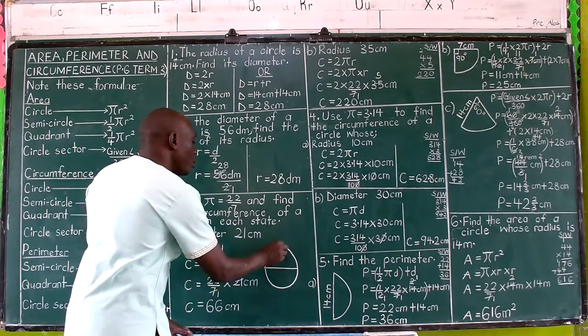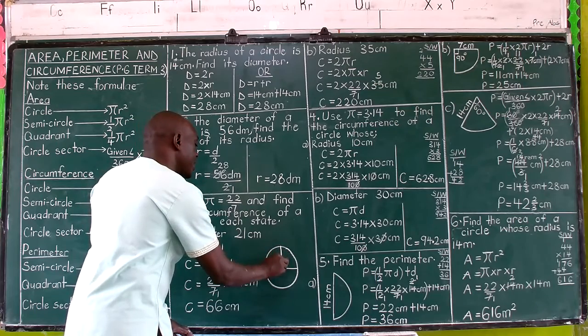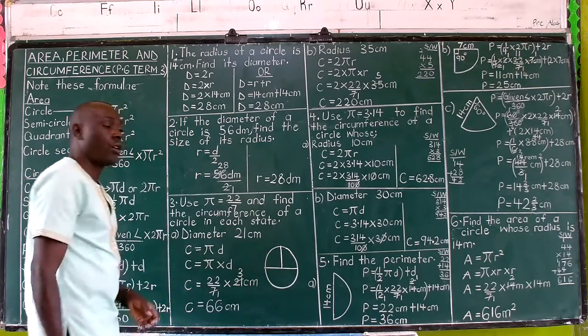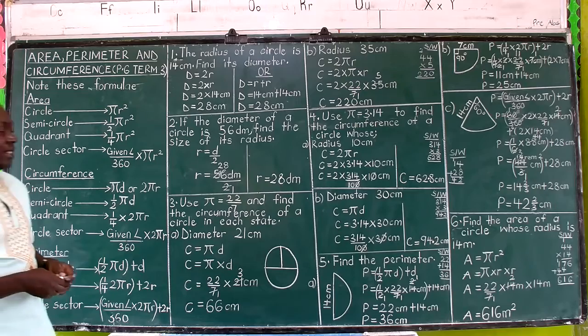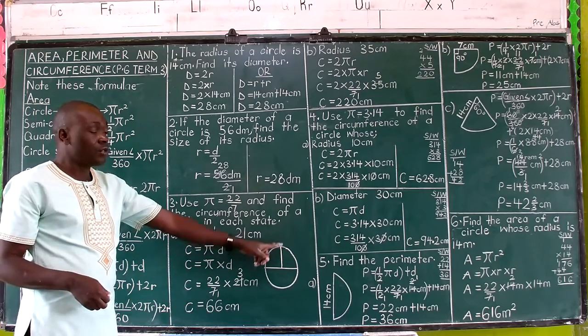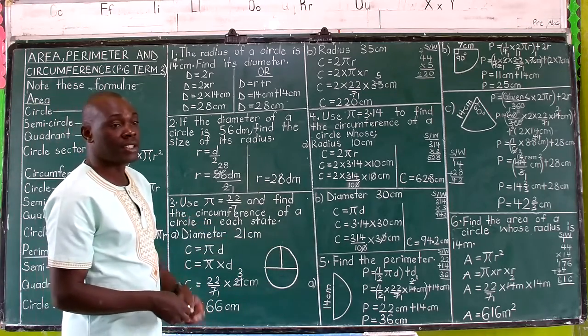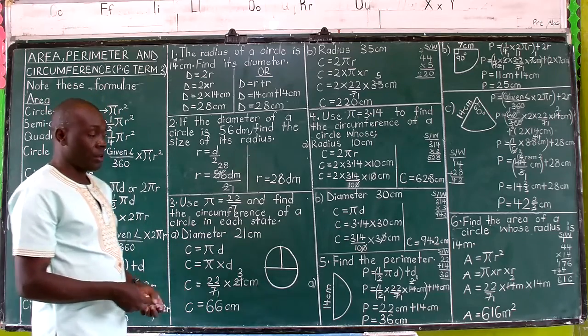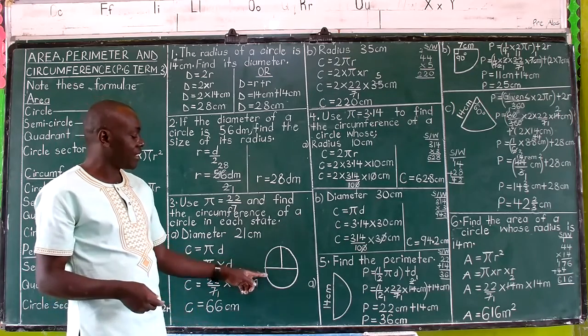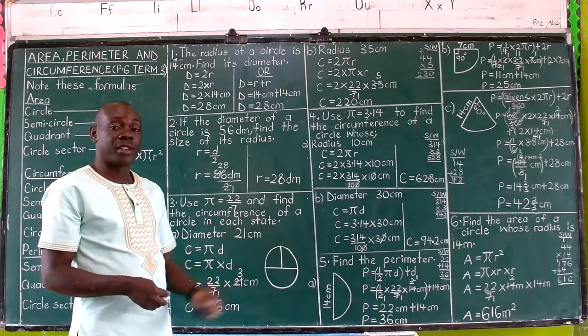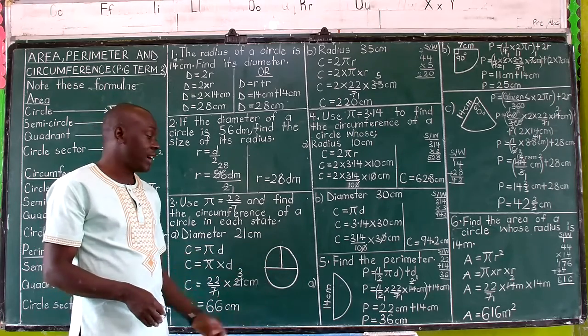Whereas the one drawn from the circumference just to the center is called radius. Now, say it: a line drawn from the circumference to the center of a circle is called a radius, and the line via the center from the circumference to the other end of the circumference is called diameter.